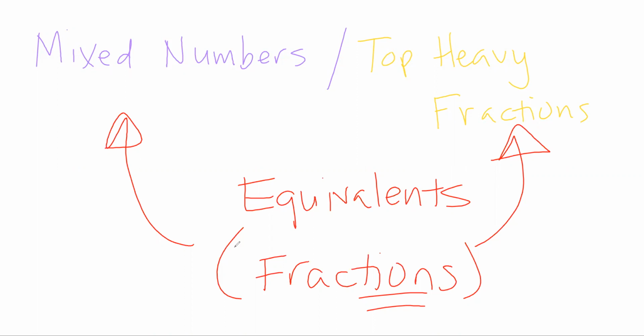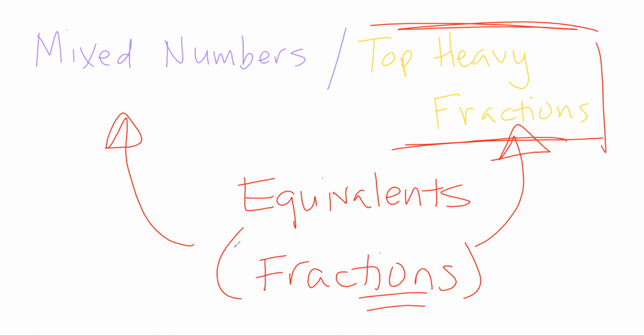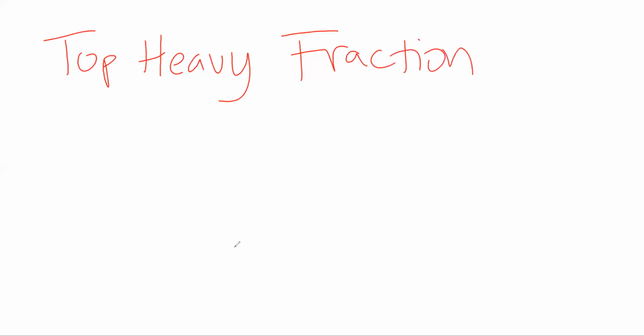Okay, so if we just start, the concept of a top-heavy fraction. This is often called an improper fraction. And what that means is that you have a numerator, that top number, that is larger than your denominator.